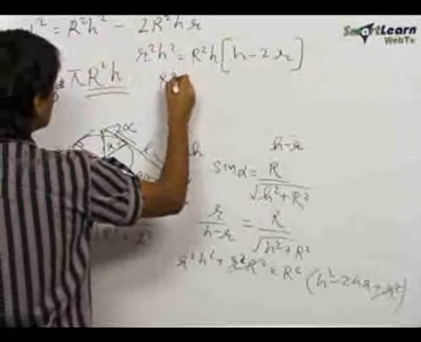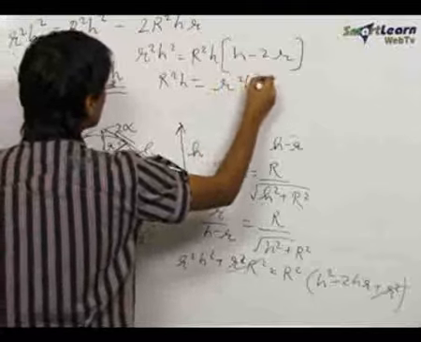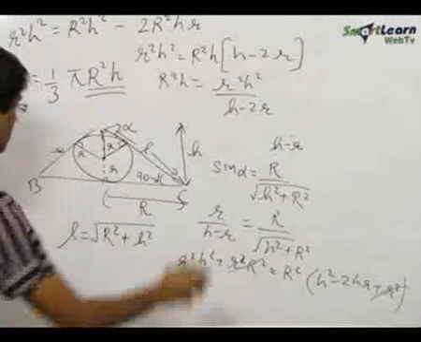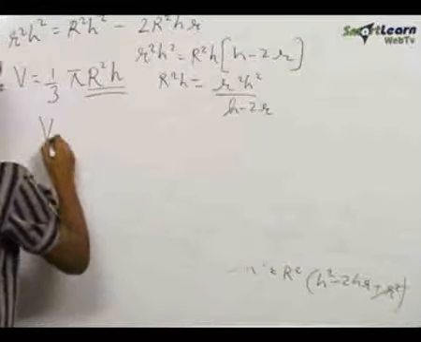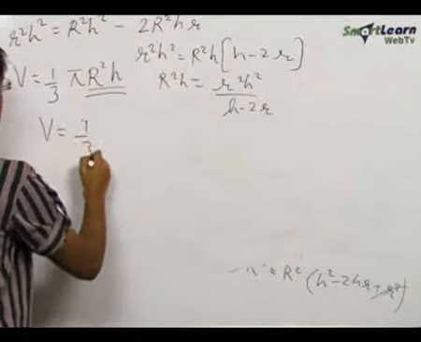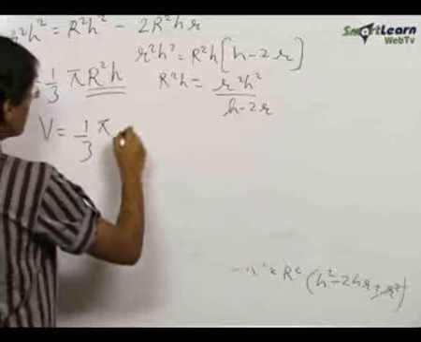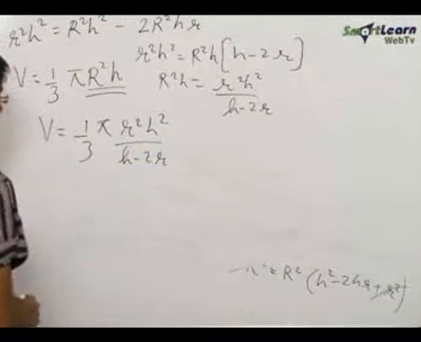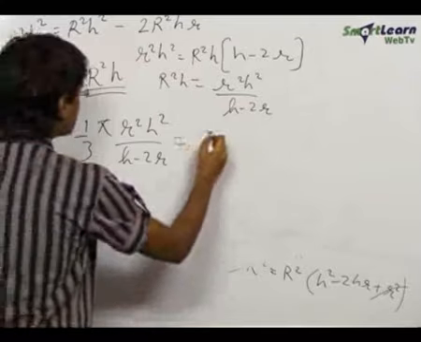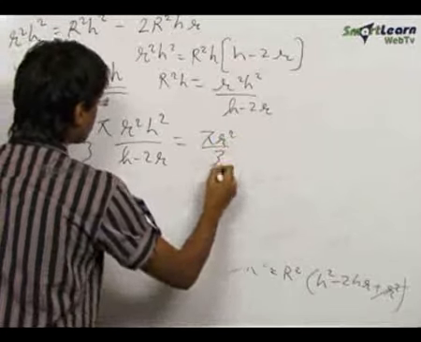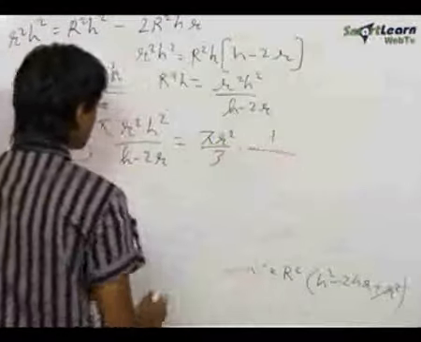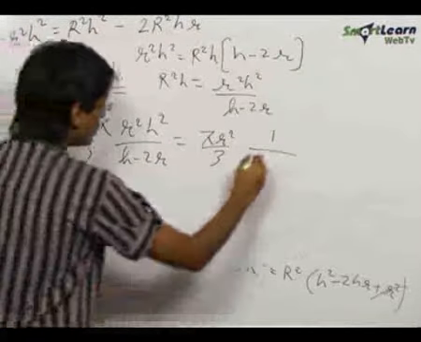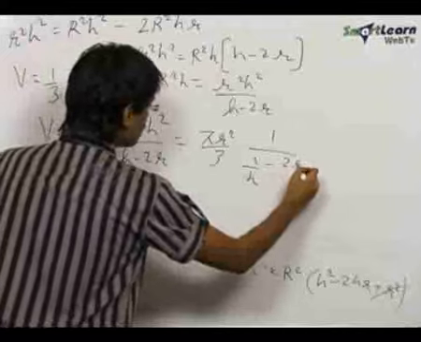Hence R square h is equal to r square h square upon h minus 2r. So we can write the volume to be equal to 1 by 3 times pi R square h, which is pi r square by 3 into h square upon h minus 2r, or this can be written as pi r square by 3 into 1 upon (1 by h minus 2r by h square).